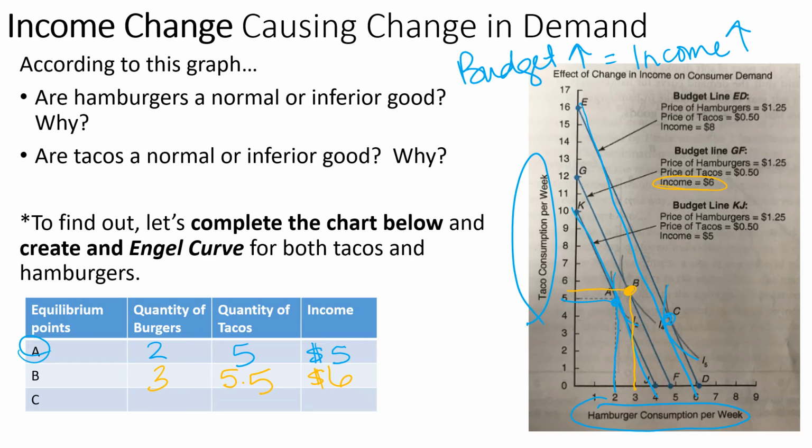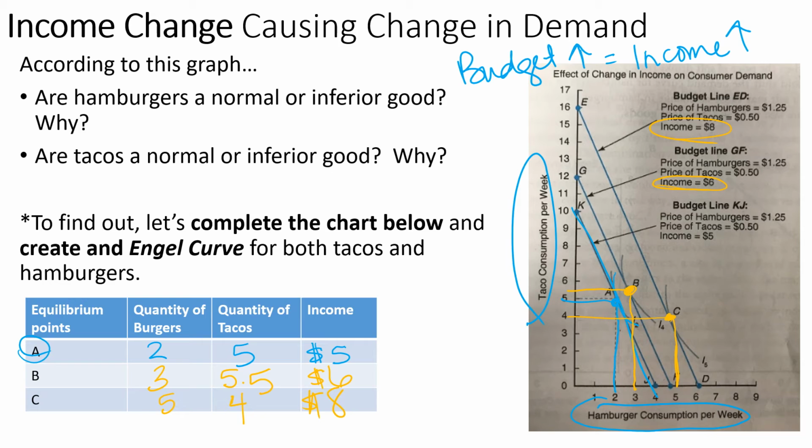And then finally at C, the demand is 5 burgers and 4 tacos, and the income there is $8.